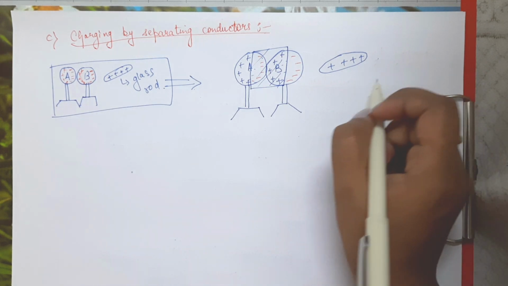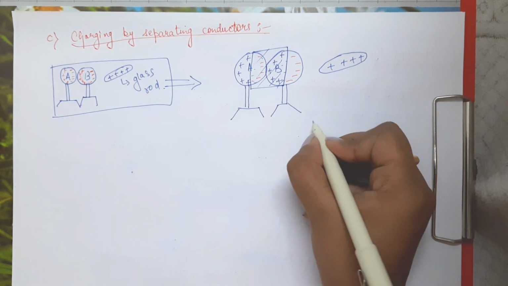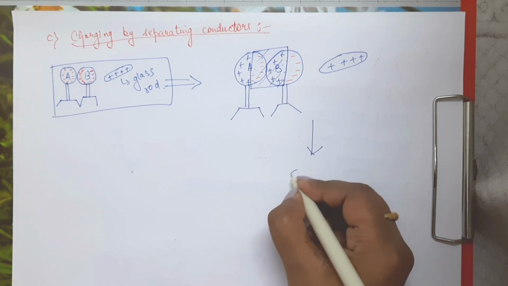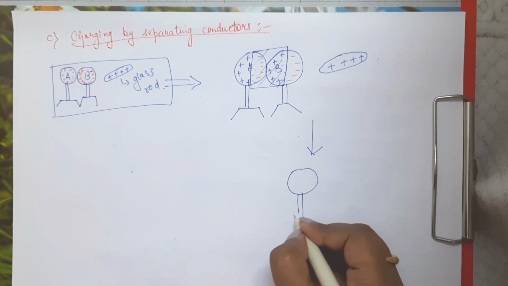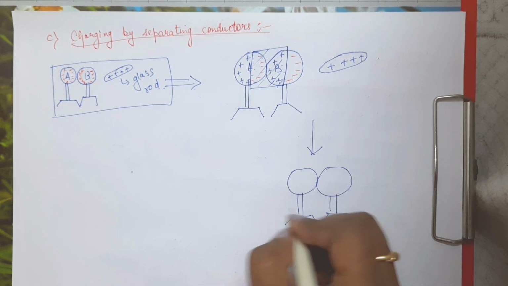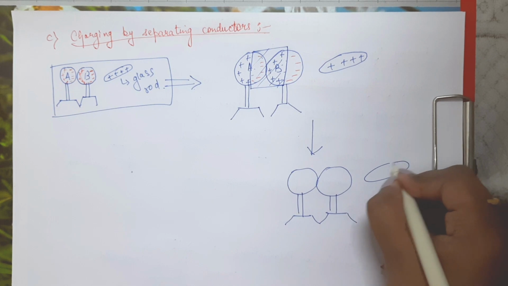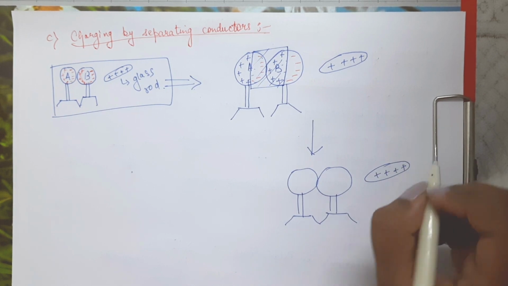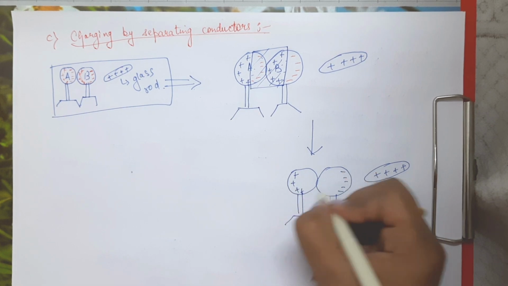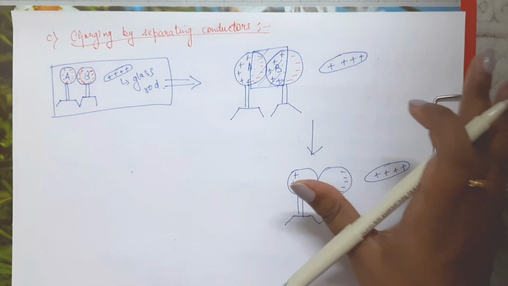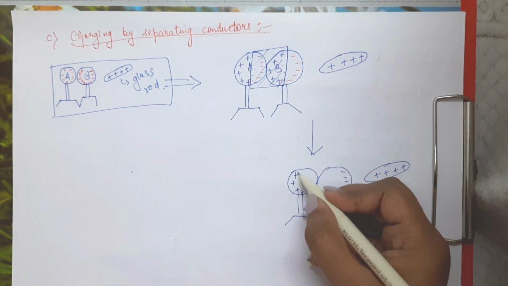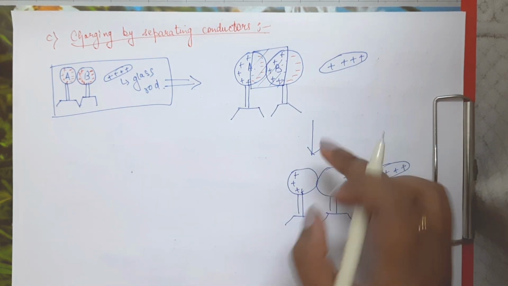In the next process, we are basically having two balls, and due to the presence of this positive charge, we are having negative charges here and positive charges here. This part is neutralized. So we are having negative charges here, positive charges here, and this part is the neutralized one.